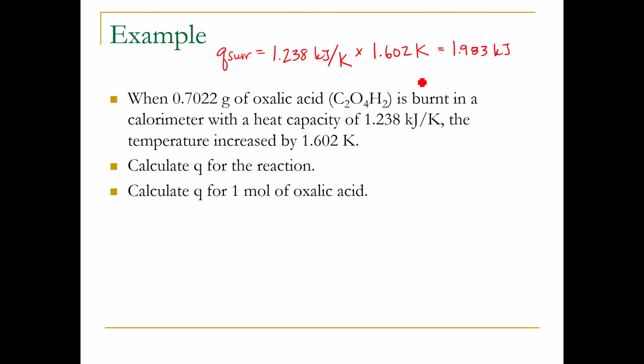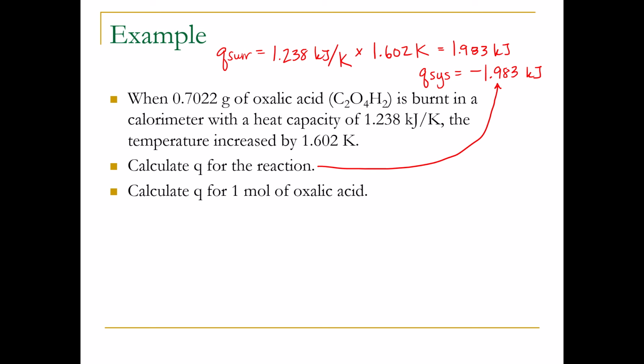So that means Q for my system is going to be the negative of that, because the system lost heat. And that would really be my Q. So Q for this reaction, bam. All right. Then it asked me to calculate Q for 1 mole.